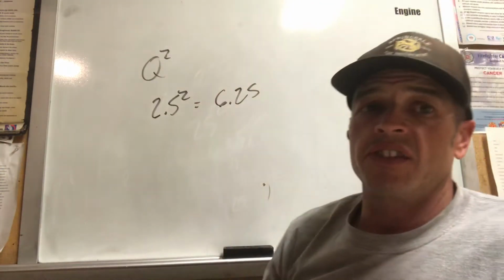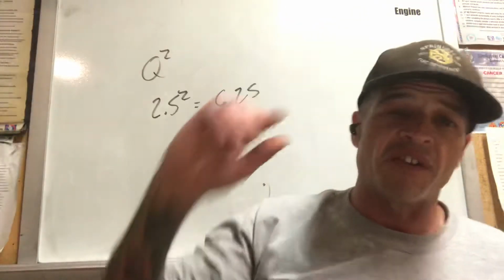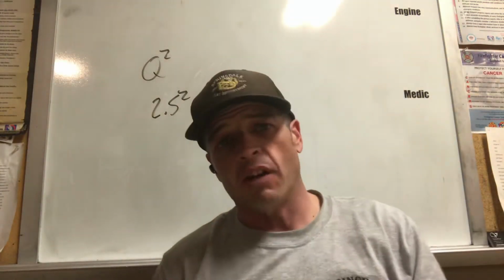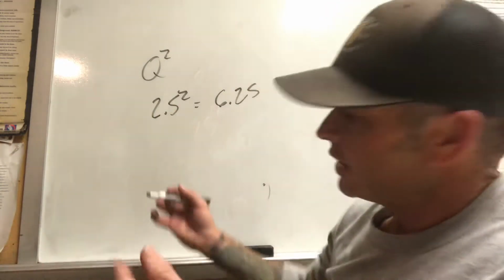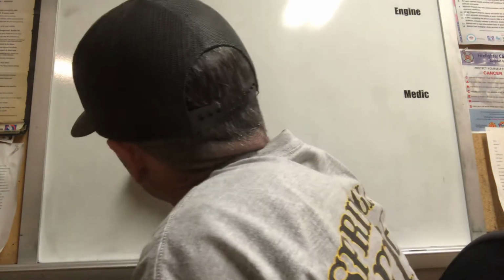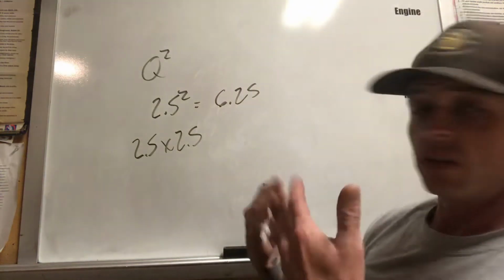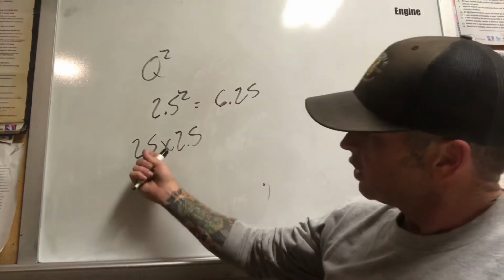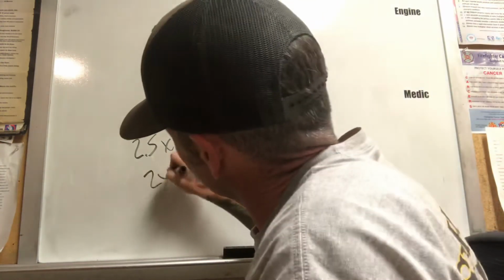But how can I simplify this in the field when I've got a bunch going on, places on fire, guys are calling for water, and it's chaos? I like to break it down. 2.5 squared is the same as 2.5 times 2.5. But what if I just took one of those little halves and moved it over here and called it 2 times 3?